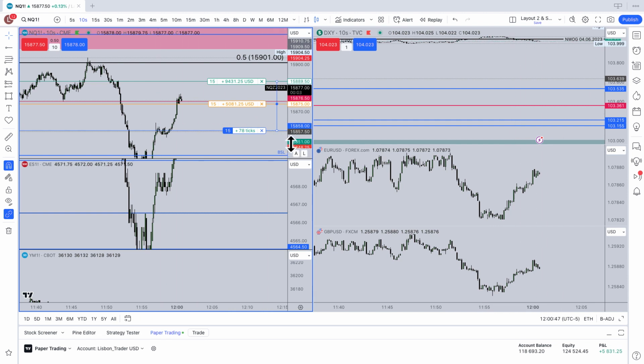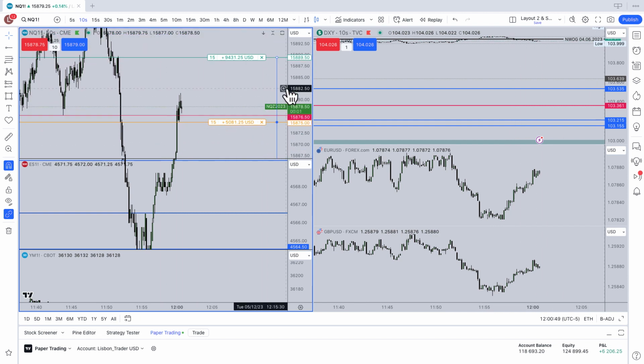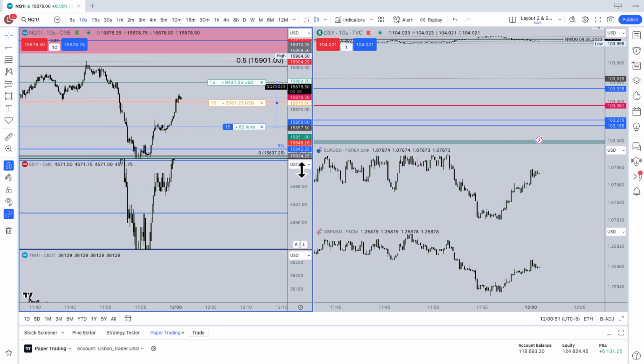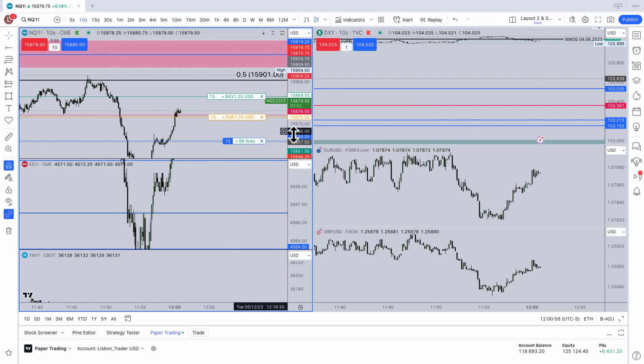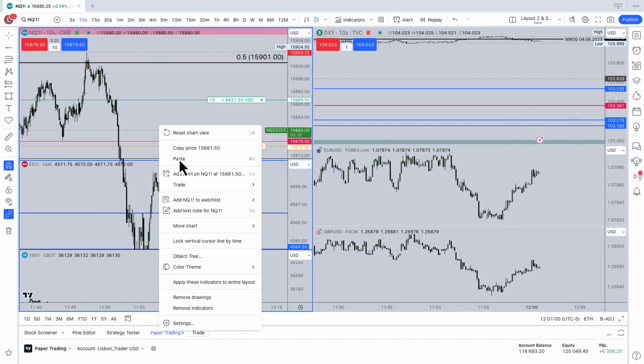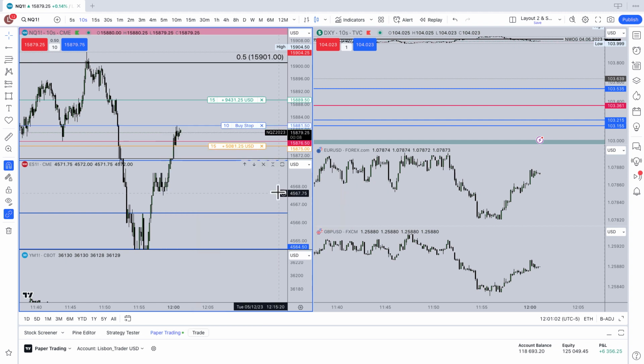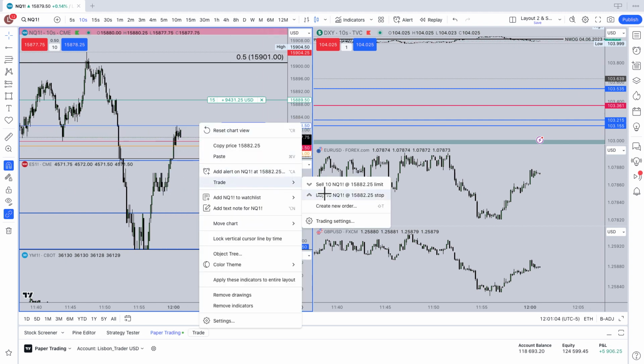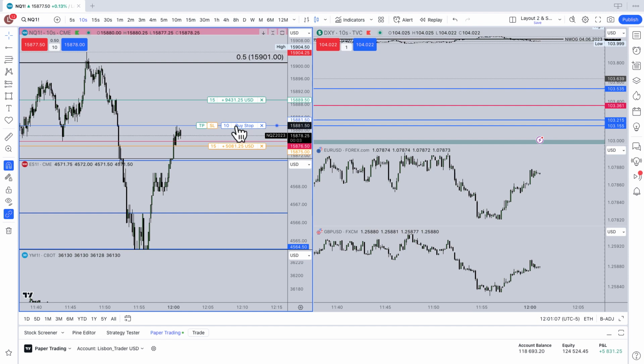So now we have stop loss positive 5,000. Account balance is 118. Keeps pushing higher. So let's wait for it to go higher and take that level out.